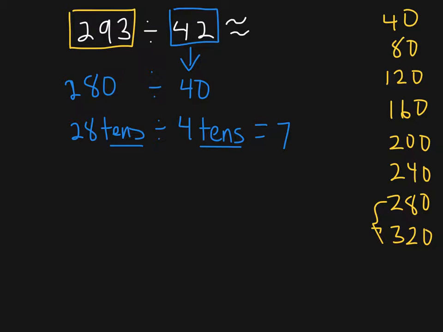So my good estimate for 293 divided by 42 is 7, because I used that compatible fact over here, which is not really apparent when you look right at 293, and it's very different than anything we've done so far, rounding 293 to 280. But we did it because it's easy then to do the division in our heads to find a quick estimate of what our answer is going to look like.